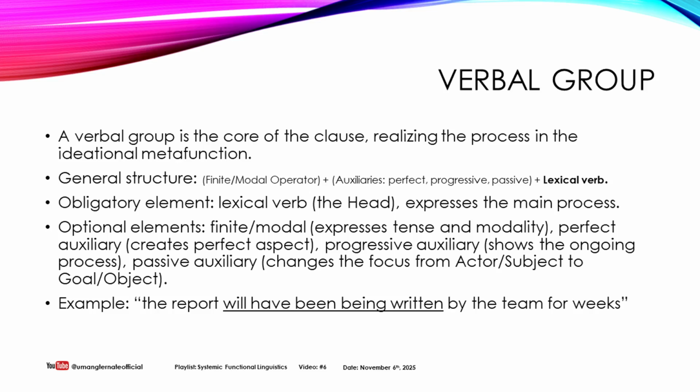It is said here that the finite expresses the tense, while the modal operator expresses the modality. I think modality deserves a separate video because it covers a broad dimension of interpersonal meaning, okay? I see the example here is too complex, so I will use a simpler example, okay? Think of this clause. I will write the report tomorrow.